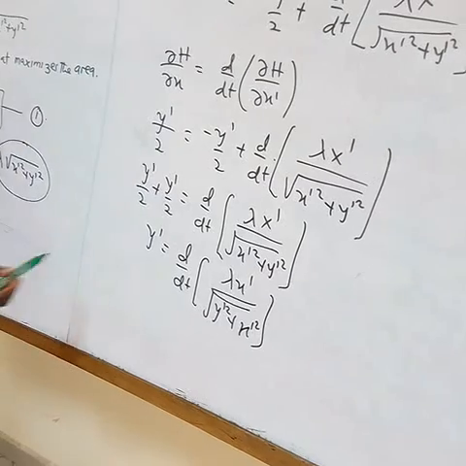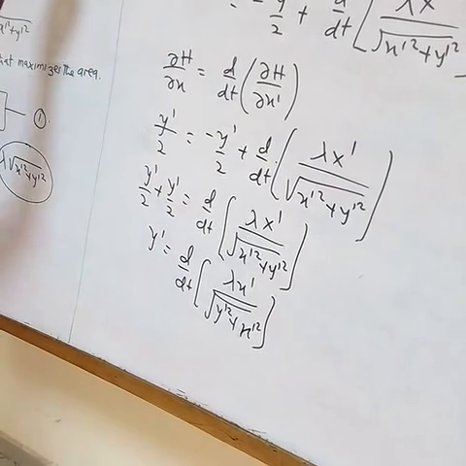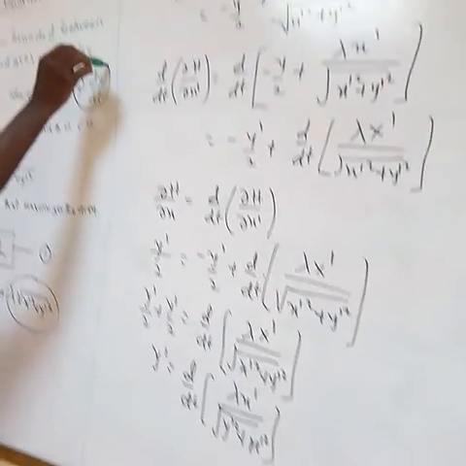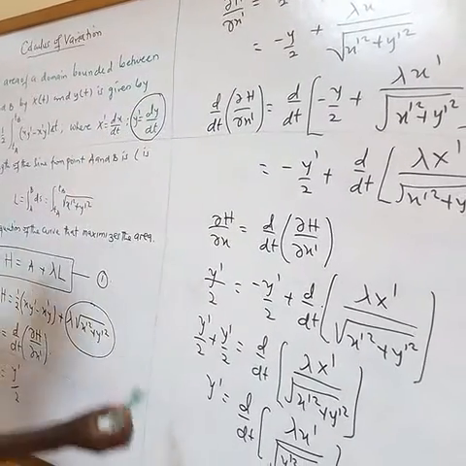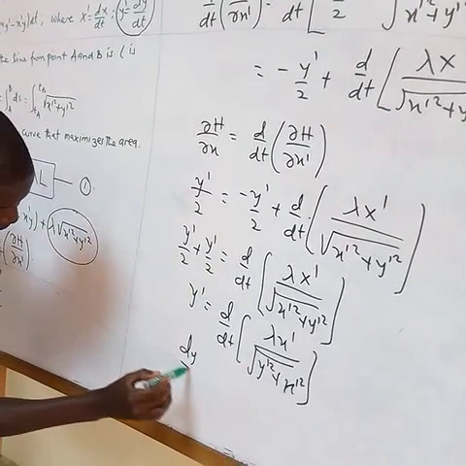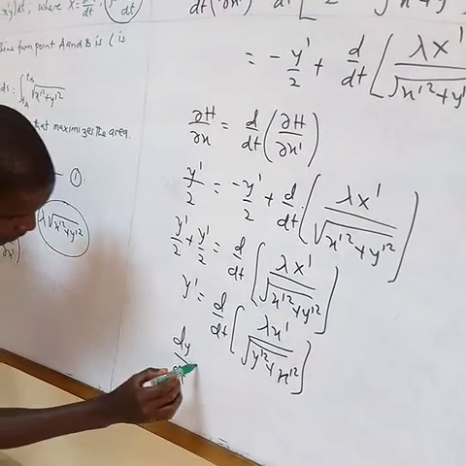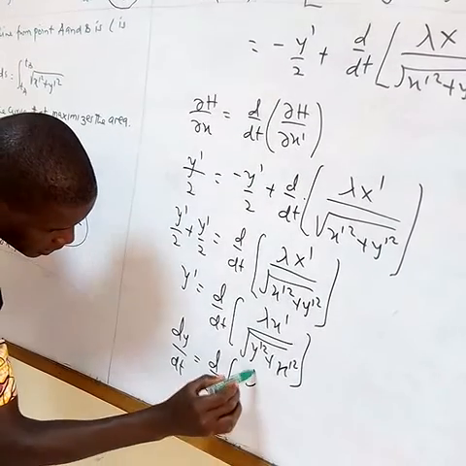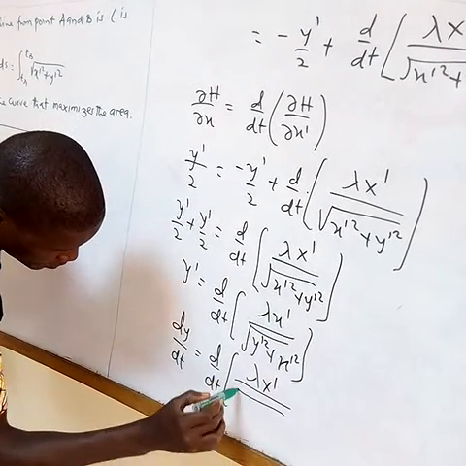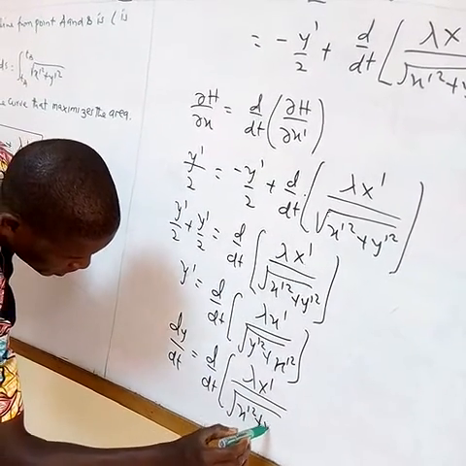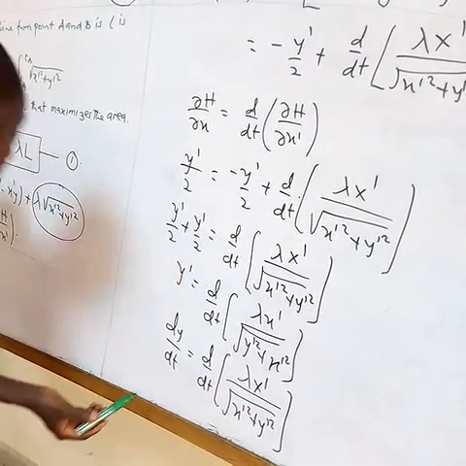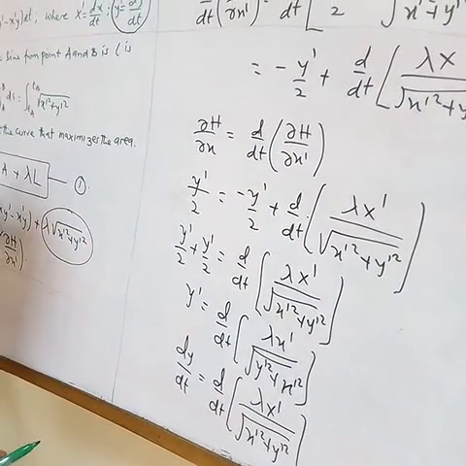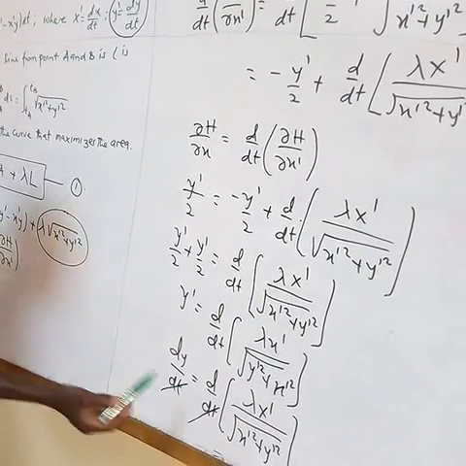So what is y prime? It has been defined here that our y prime is dy dt. We are going to have dy dt is equal to d dt into lambda x prime against square root of x prime squared plus y prime squared. So automatically, since dt is common to both sides, we can cancel out dt.